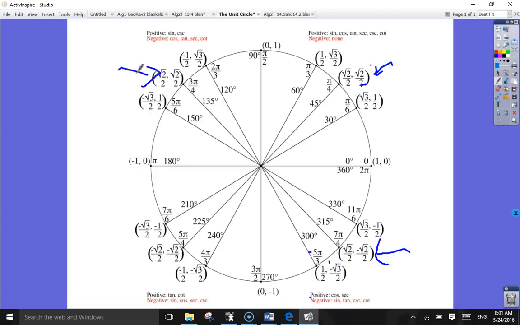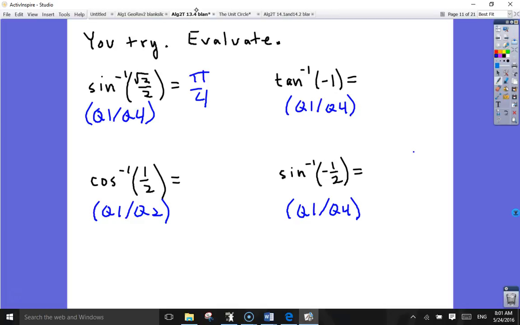You only look in 1 and 4. So that's got to be negative pi over 4. We're not even using 7 pi over 4 because the answers are supposed to be between negative pi over 2 and pi over 2 when you do a tan inverse.